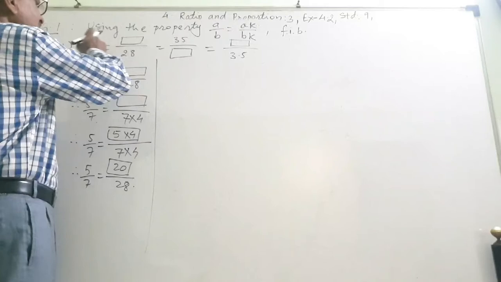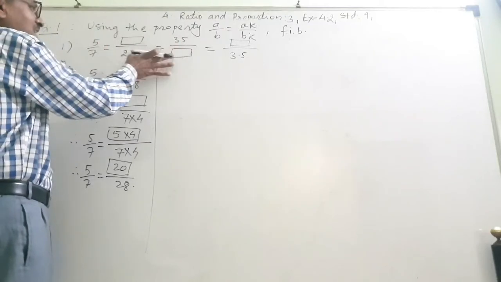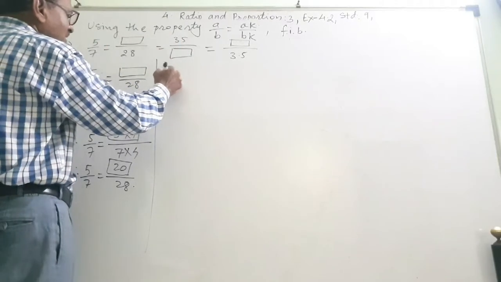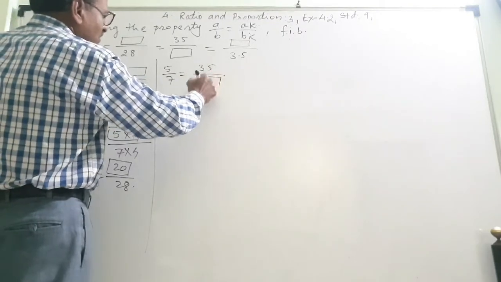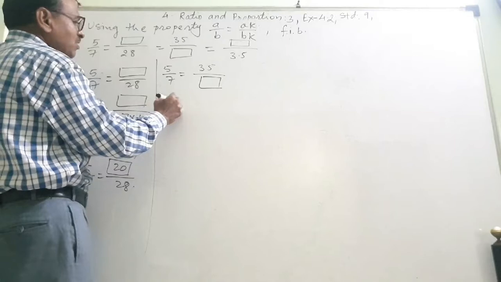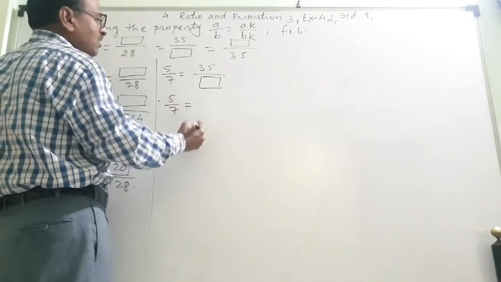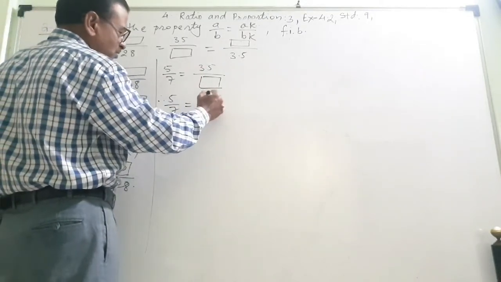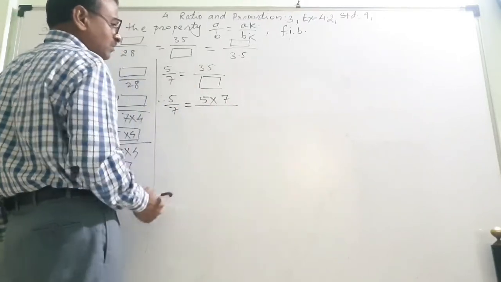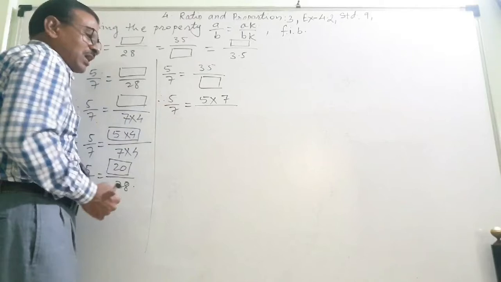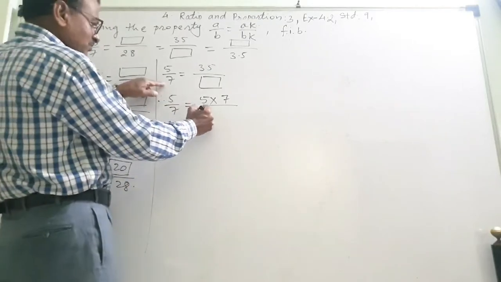Now this one, either take this and this or this and this. So 5 upon 7 is equal to 35 upon box. Therefore 5 upon 7 is equal to 5 into 7 upon, here also what I have to do? 7 into 7.